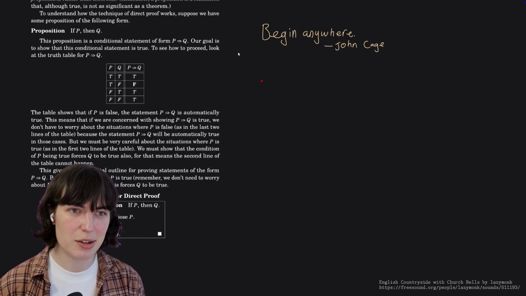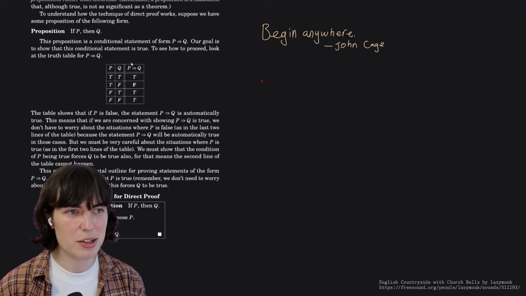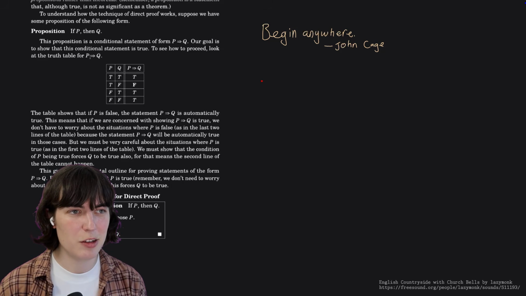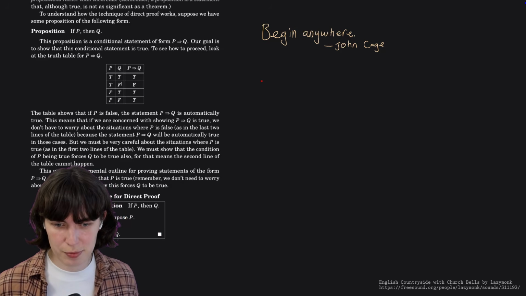To see how to proceed, look at the truth table for if P then Q. True, true. True, false. It's only false if P is true and Q is false. So that's why it's like implies, right?